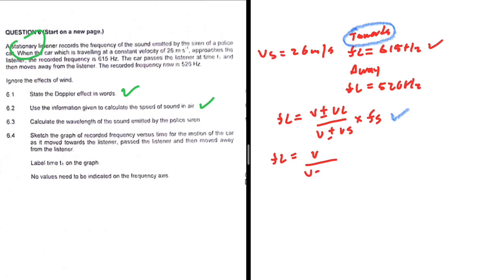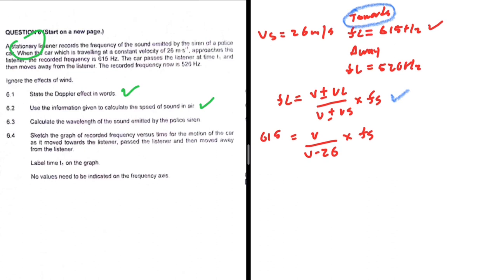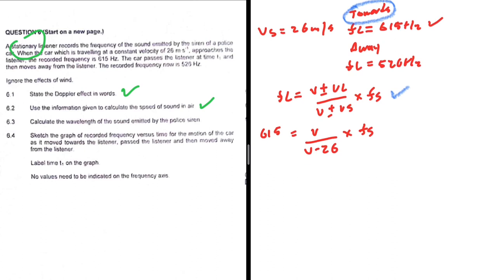So we're going to have minus 26, multiplied by fs. We know fL when the sound source is moving towards is 615 hertz, so we're going to have that there. So there we go. We can't proceed anymore because we have two unknown variables. Let's take a look at the case where it is moving away.